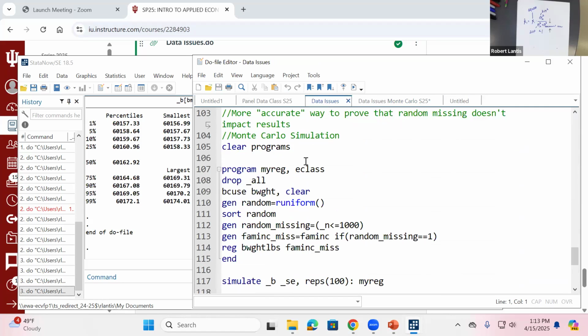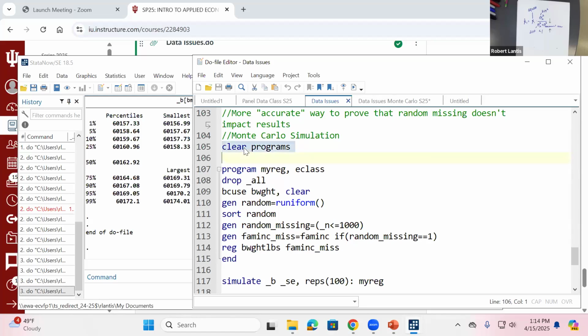We talked about measurement error, but we also talked about just having missing data. It's a very similar idea. If the missing data is uncorrelated with your X or Y variables, it doesn't matter. If it is correlated with those, then you're essentially creating a selection issue, and your coefficient estimate will be different.